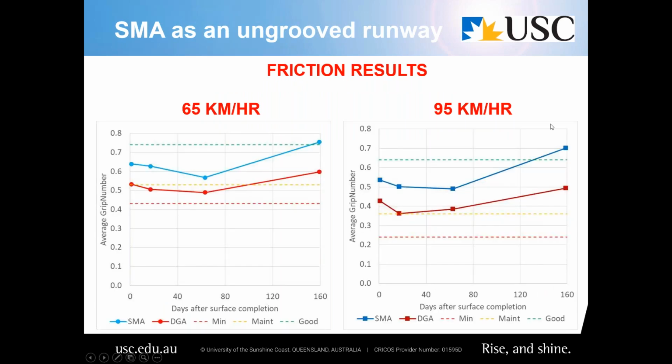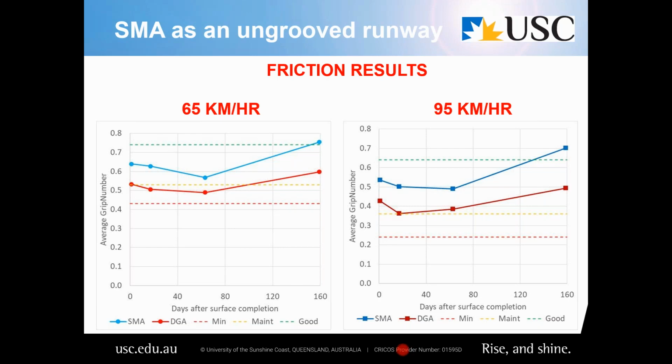In terms of friction, now a little bit of a busy slide. You've got the 65 km/h test on the left and the 95 km/h test on the right, which is how we normally test friction. We've got the green, the yellow, and the red lines. Really, what we wanted was to be above yellow in all cases. Again, the blue line is the SMA average results.